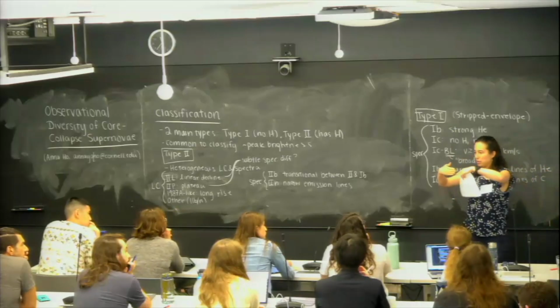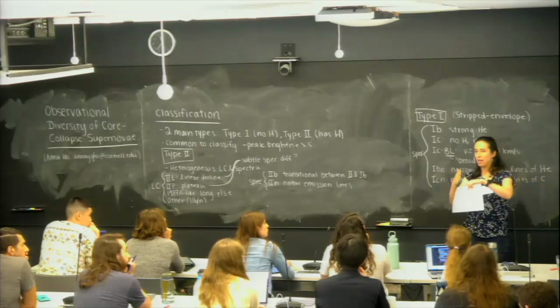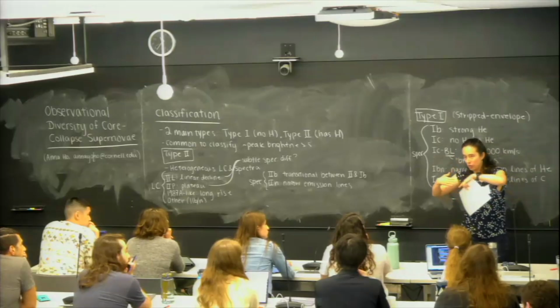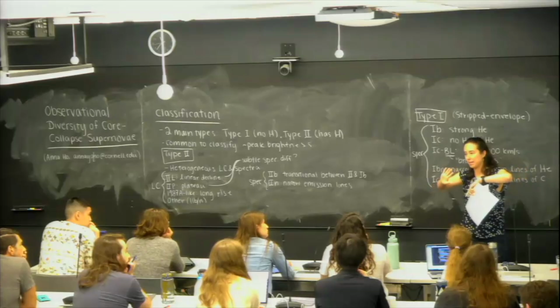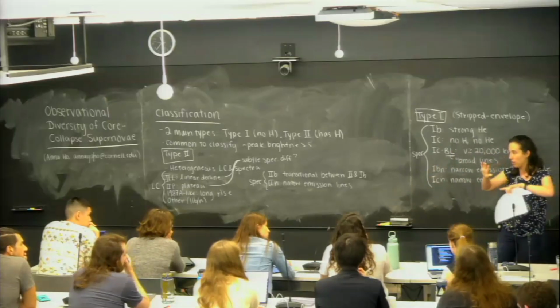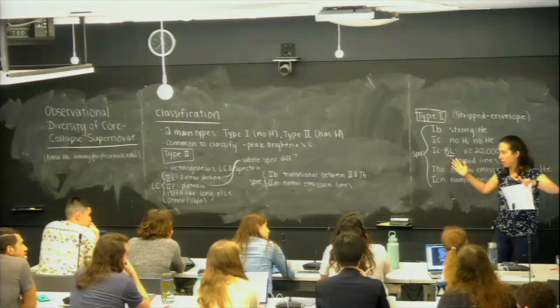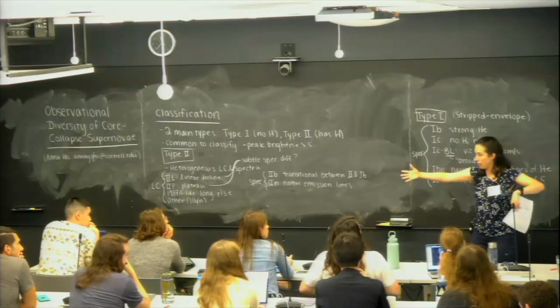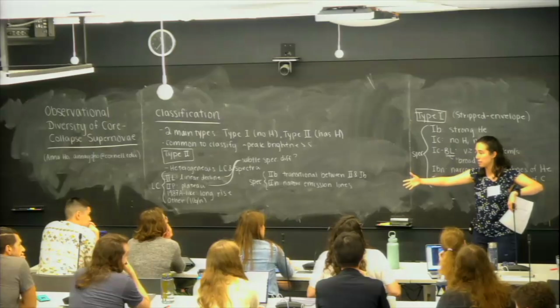If everything had no velocity, then you would have no width. But once you start to increase the maximum velocity of the stuff coming towards you and the maximum velocity of the stuff going away from you, the line will get broader and broader, because the material that's absorbing the photons is now traveling with a greater distribution of velocities.